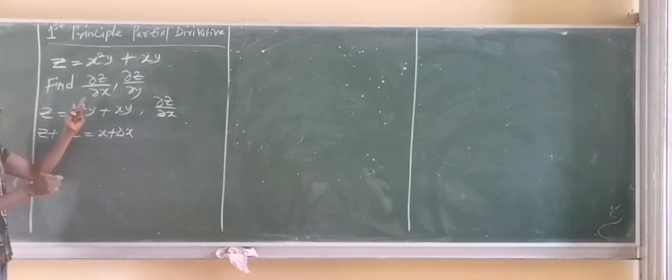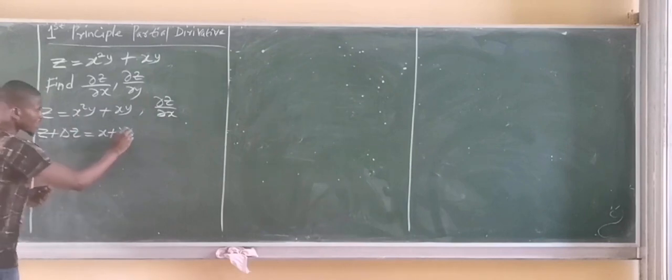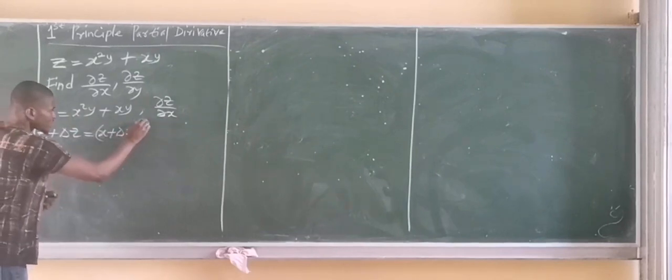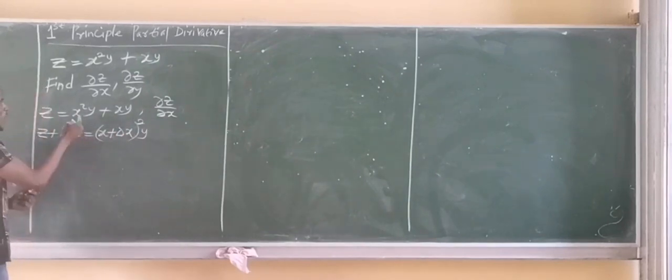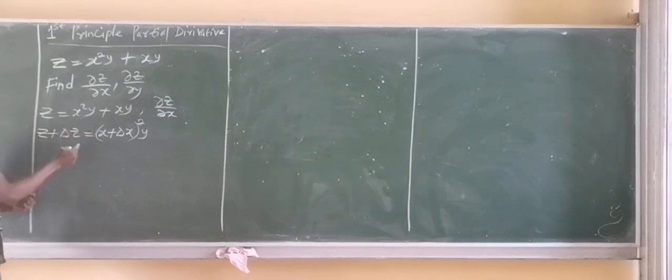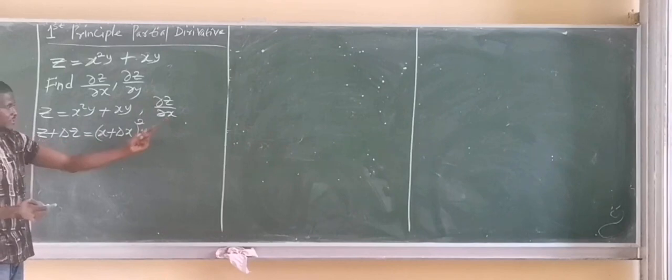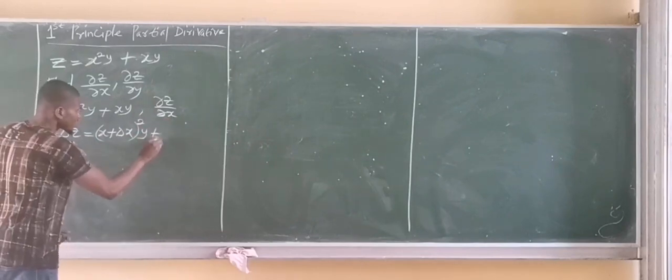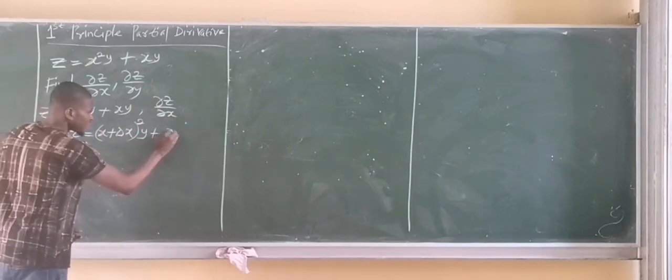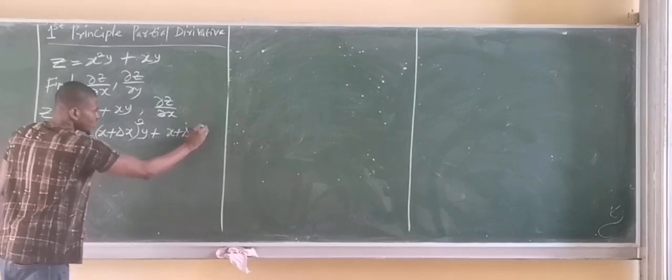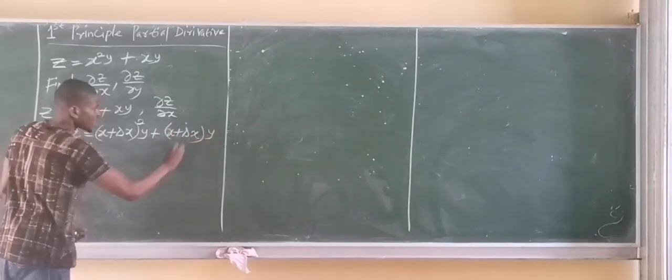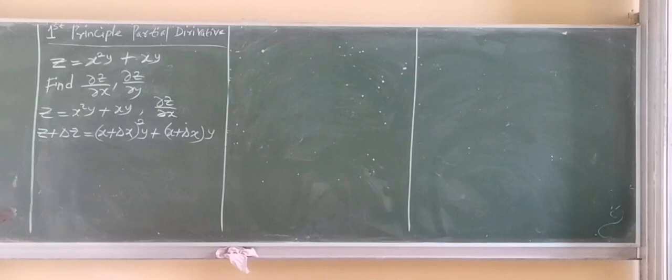But remember, this x is actually squared. So I'm going to have all squared times y. Y is kept as constant because the partial derivative is with respect to x. Okay, so I'll have plus x also will increase by change in x, multiplied by y. So I have this.